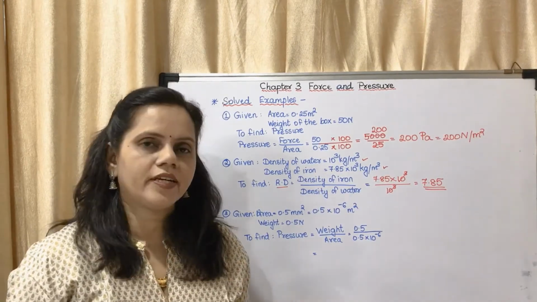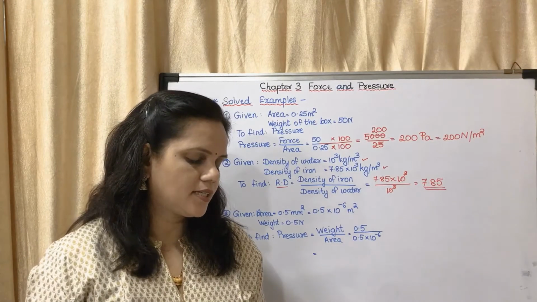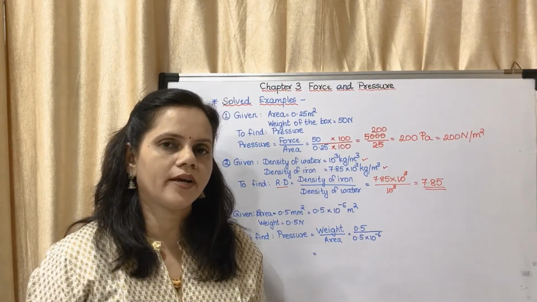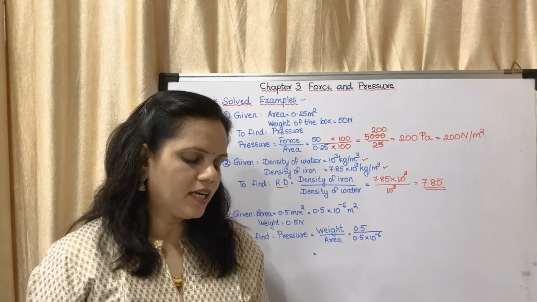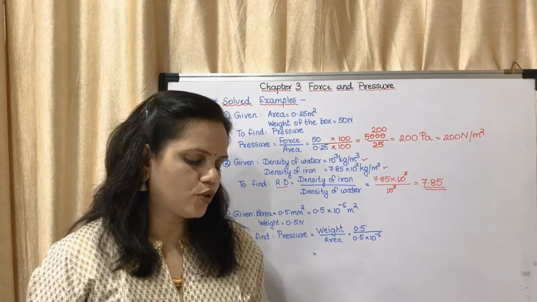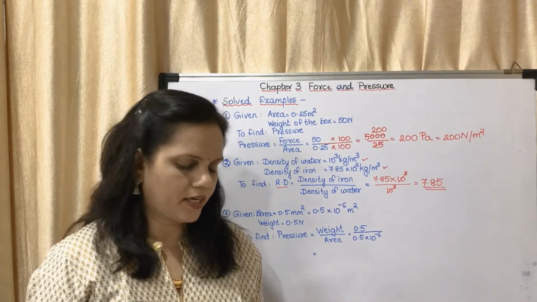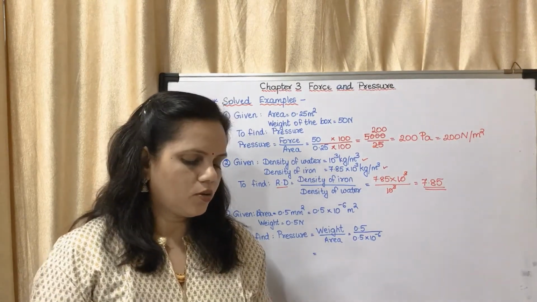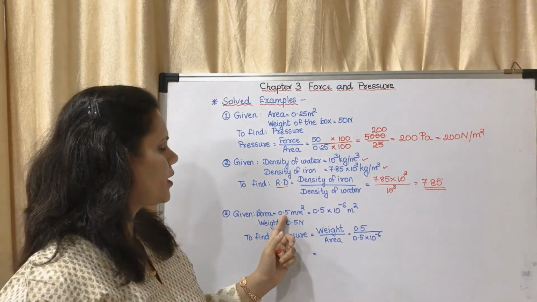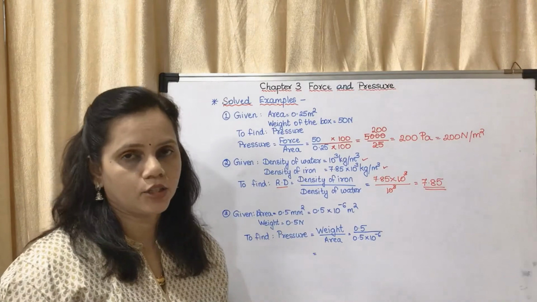The area of the tip of a screw is 0.5 millimeter square and its weight is 0.5 Newton. Calculate the pressure in Pa exerted by the screw on a wooden plank. Now what have they given? They have given the area as 0.5 millimeter square.